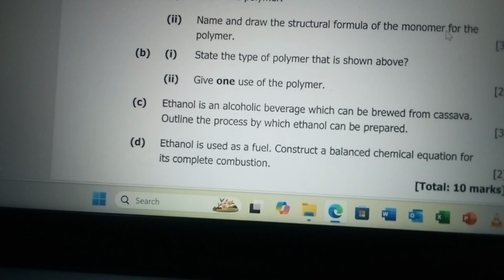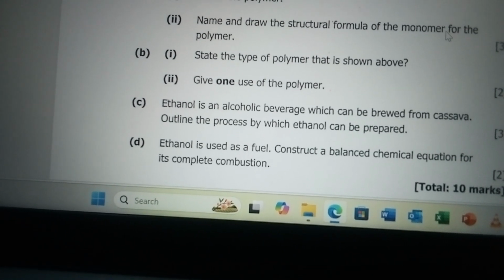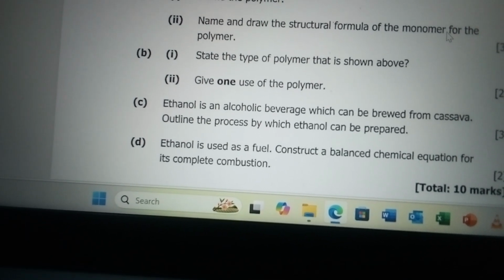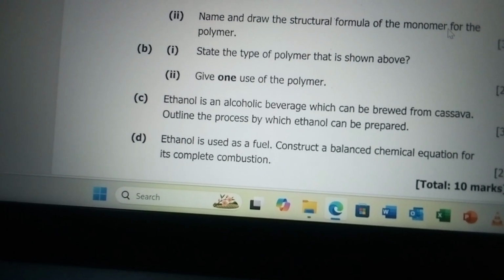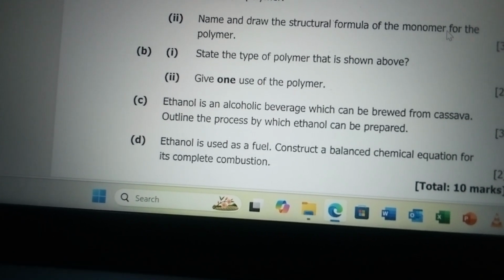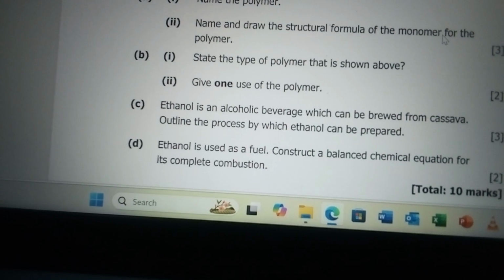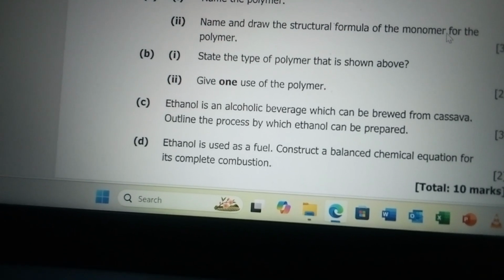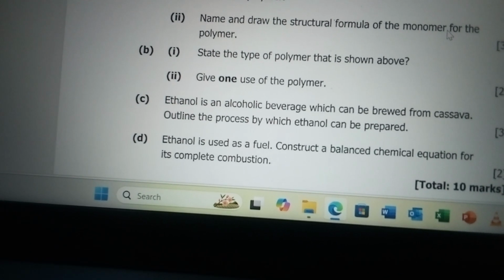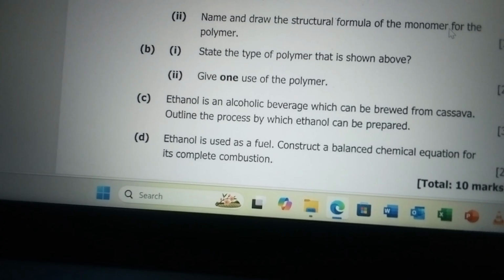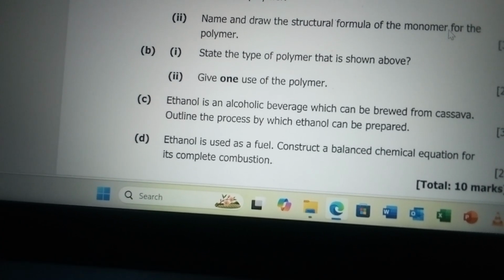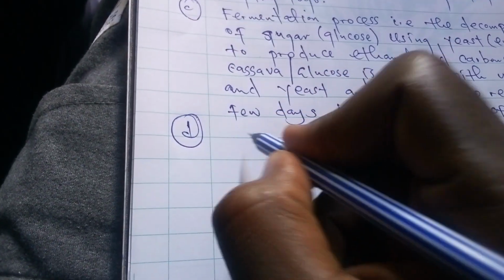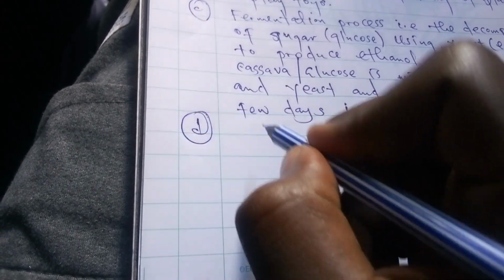A fuel is any substance that is burnt in air to produce energy, and combustion is the process by which a substance is burnt in oxygen to produce oxide and energy. When ethanol reacts with oxygen, under complete combustion it produces carbon dioxide and water. So ethanol is reacting with the oxygen in complete combustion.